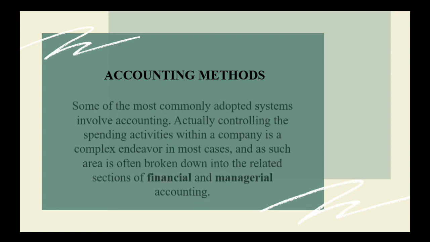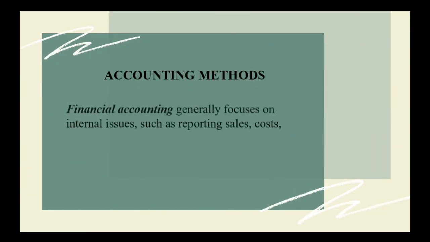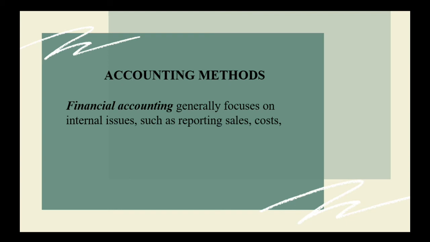Now let's proceed to accounting methods. Some of the most commonly adopted systems involve accounting. Controlling the spending activities within a company is a complex endeavor in most cases, and as such the area is often broken down into the related sections of financial and managerial accounting. Financial accounting generally focuses on internal issues such as reporting sales or cost.